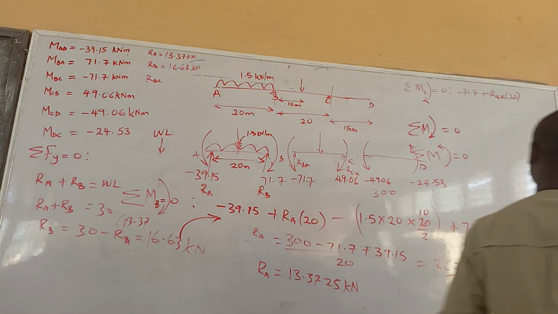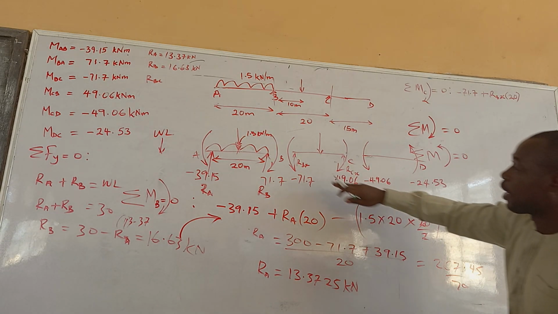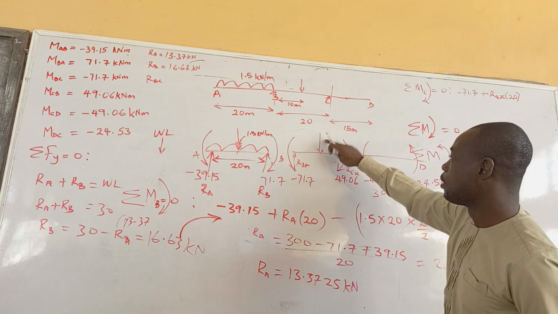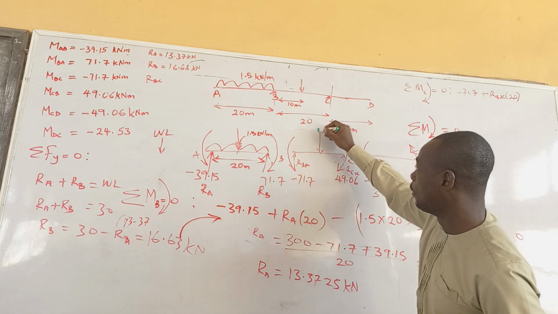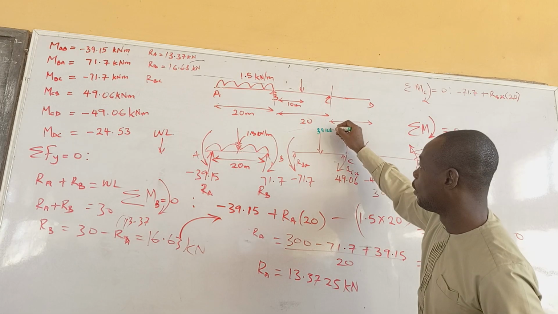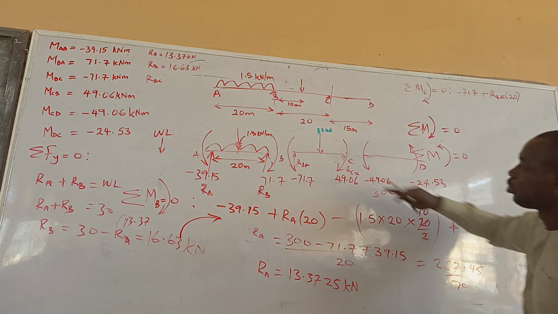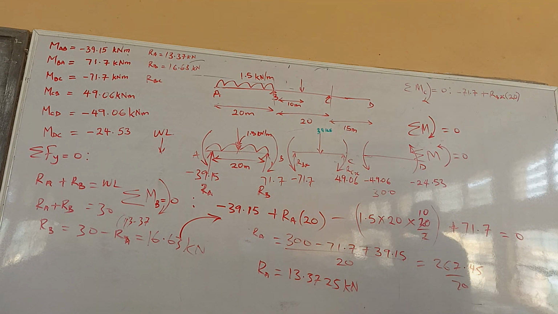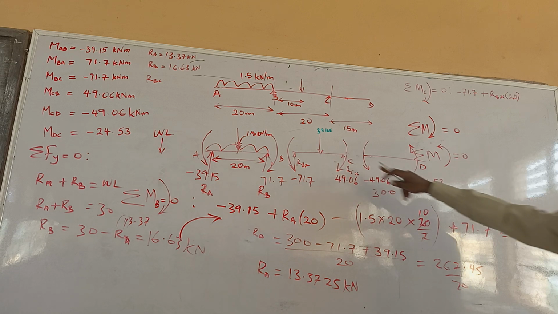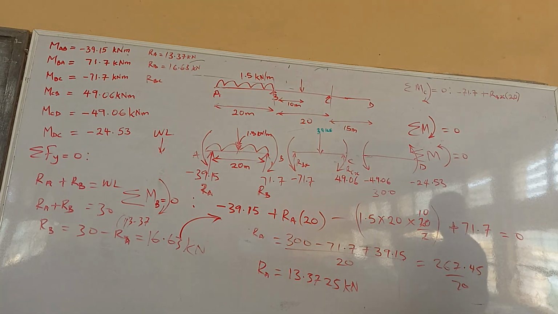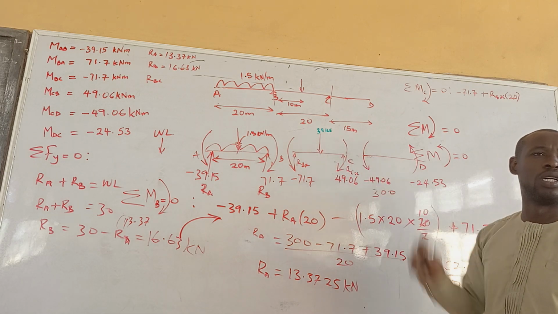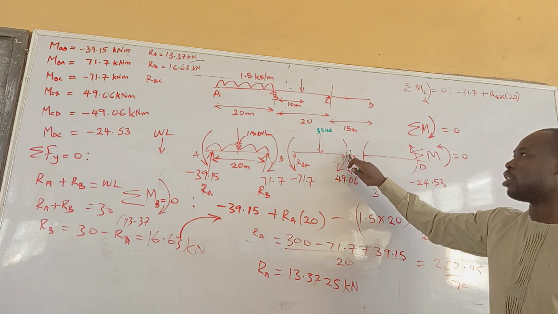Okay. And now, do we have another reaction? The only one we have is this particular one here, which is 30 kilonewton, right? Now, this one, toward this point, how is it going to move? How will I take moment to this point with it?